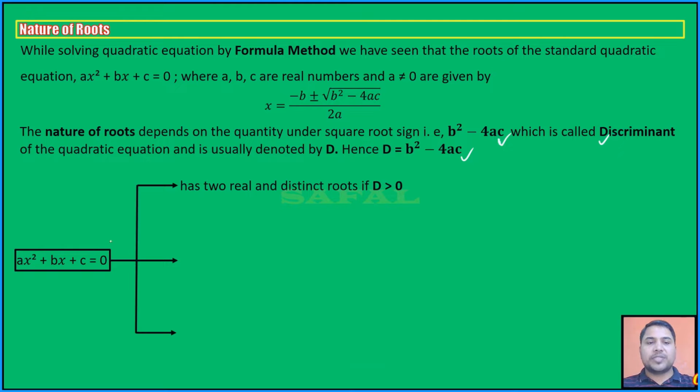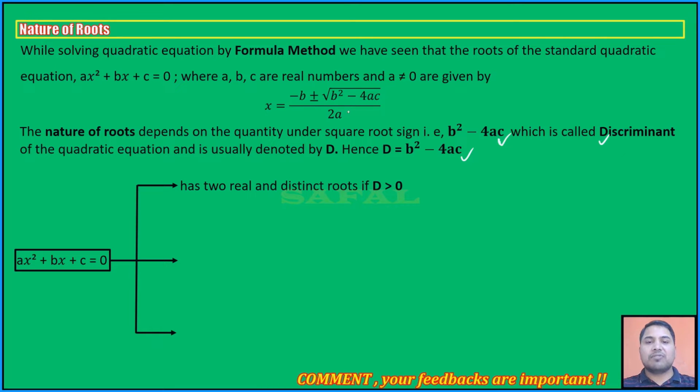ax square plus bx plus c equals 0 has two real and distinct roots if D is greater than 0. Why is it so? Because if the quantity inside the square root sign has a positive value, then I am going to get plus a square root of that and minus a square root of that. Correct?